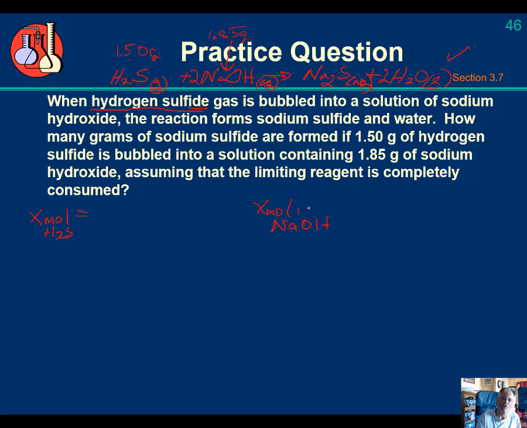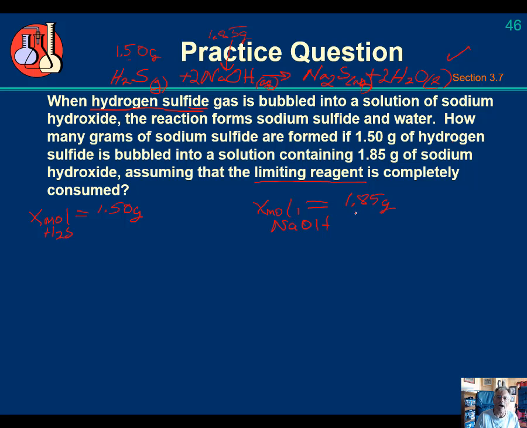And what I'm trying to determine, ladies and gentlemen, is which one of these reactants is the limiting reagent or limiting reactant in this particular problem. I have 1.50 grams of this stuff, and I have 1.85 grams of this stuff.